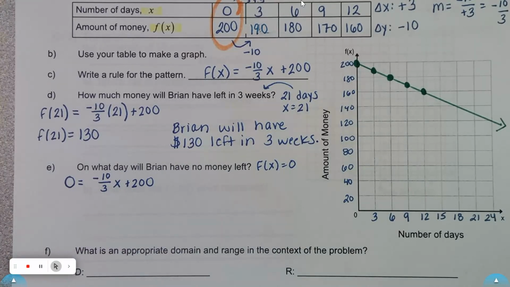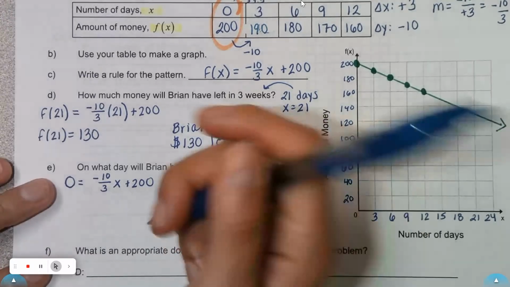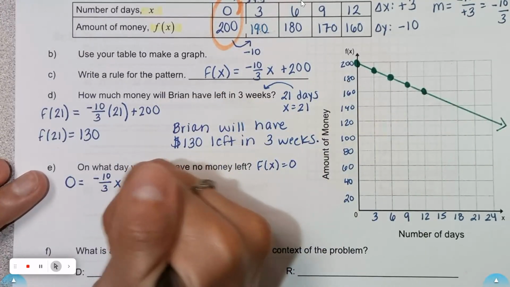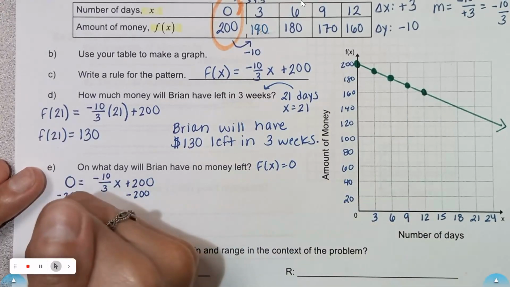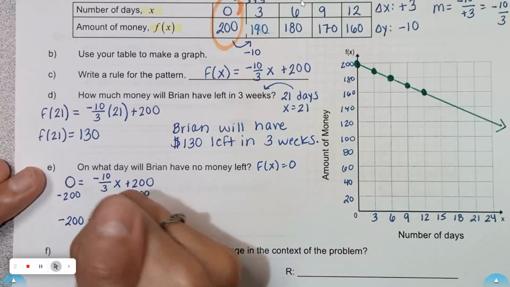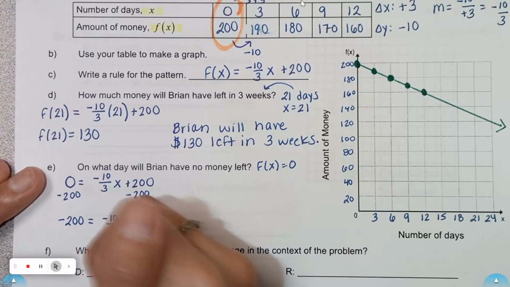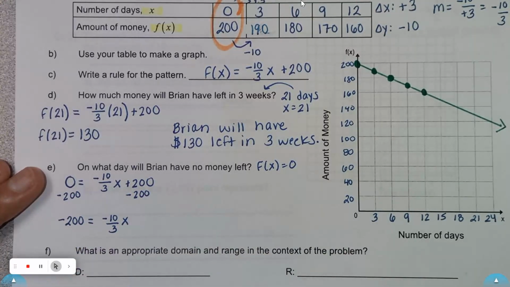This is a multi-step equation. The first thing I'm going to do is subtract the 200. I get negative 200 equals negative 10 over 3x. In order to get rid of the fraction, I have to multiply by the number on the bottom, which is a 3.